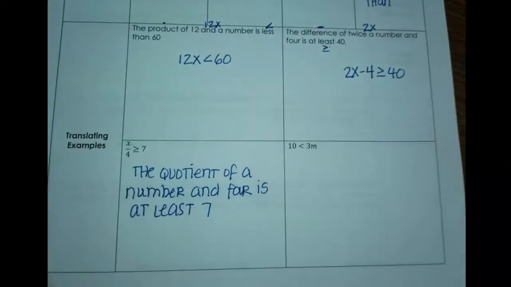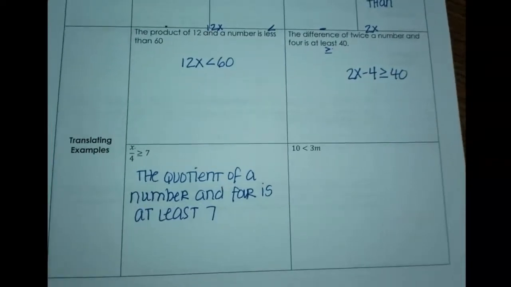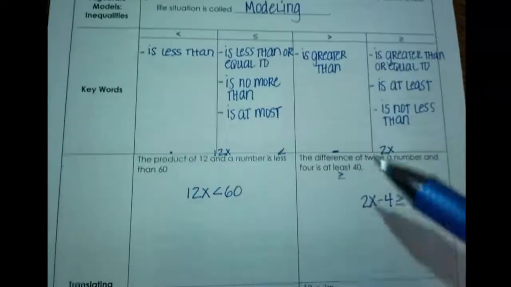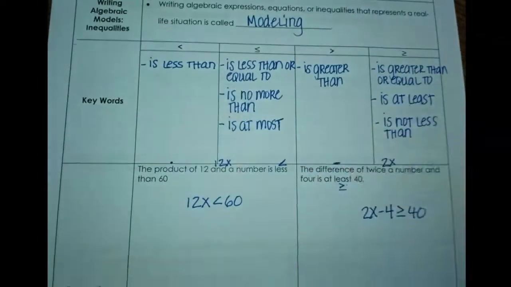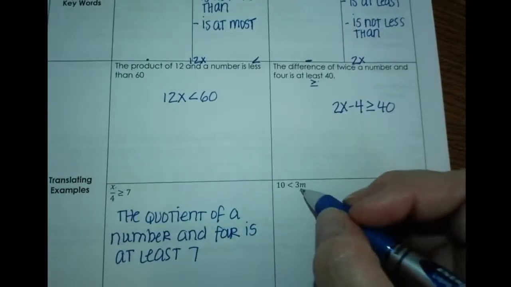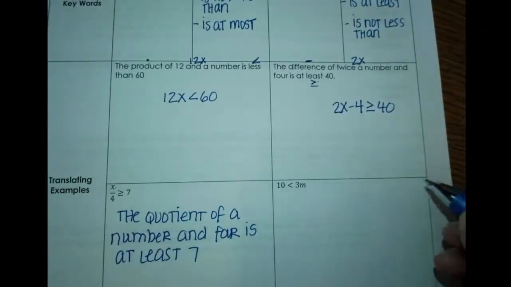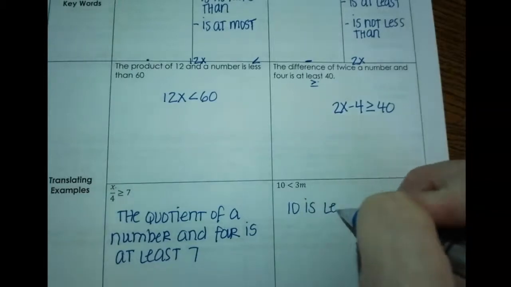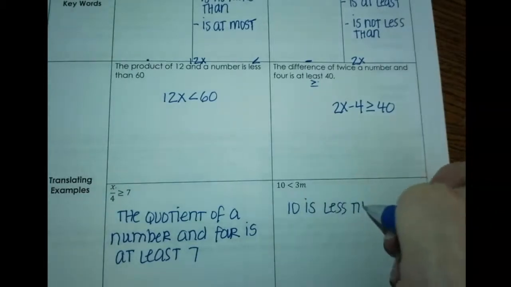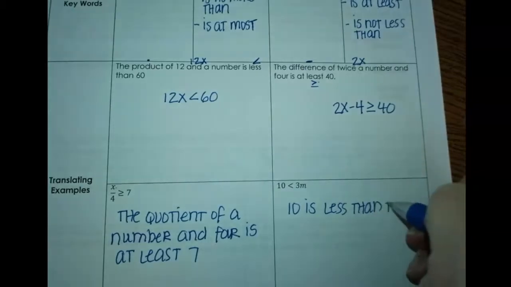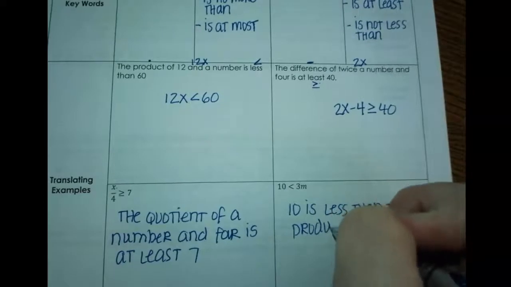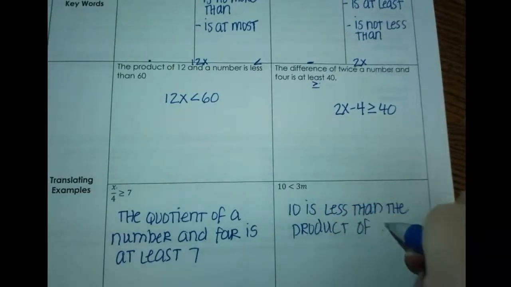Okay? And let's try one more. So we have 10 and we have less than. So really our only option is just to say is less than. The product of 3 and a number. Let's say that. 10 is less than the product of 3 and a number.